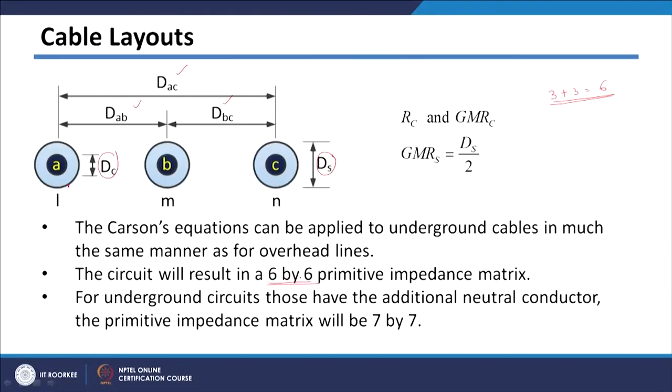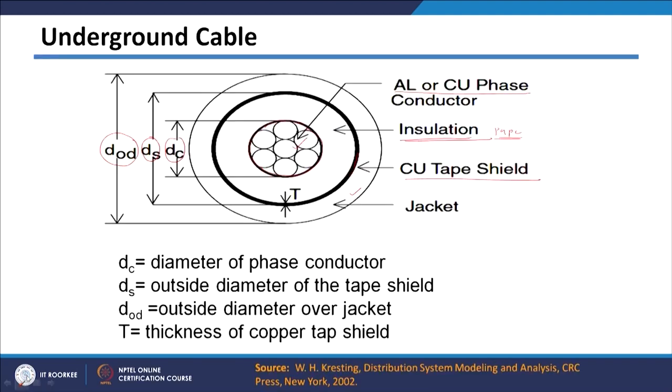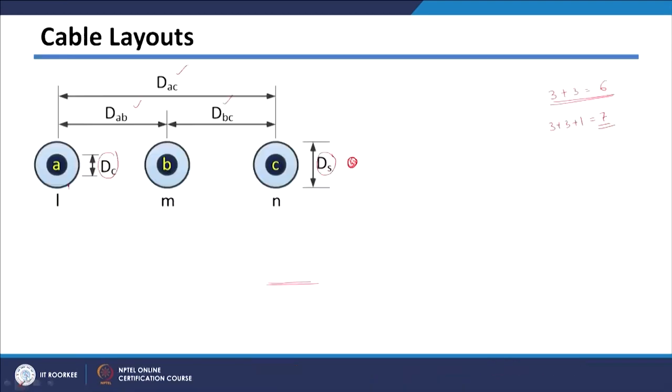If there is an extra neutral conductor acting as a return conductor, then one extra conductor is added: 3 plus 3 plus 1 neutral makes 7. In that case the primitive impedance matrix will be 7 by 7, but for this case it is 6 by 6. Let us see how we can calculate it.